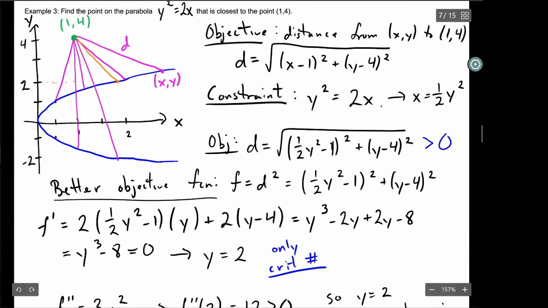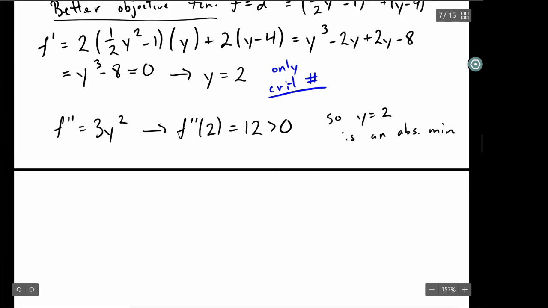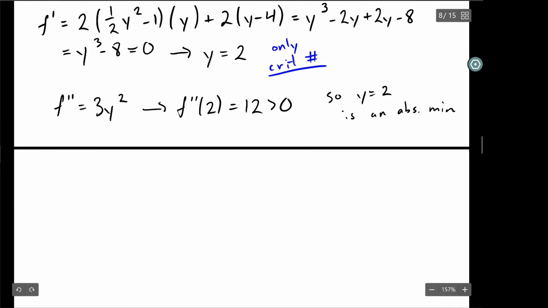Okay. So we want to summarize our answer here. So let's see. Since y squared equals 2x, we want to solve for x here. So this is 4 equals 2x, x equals 2.